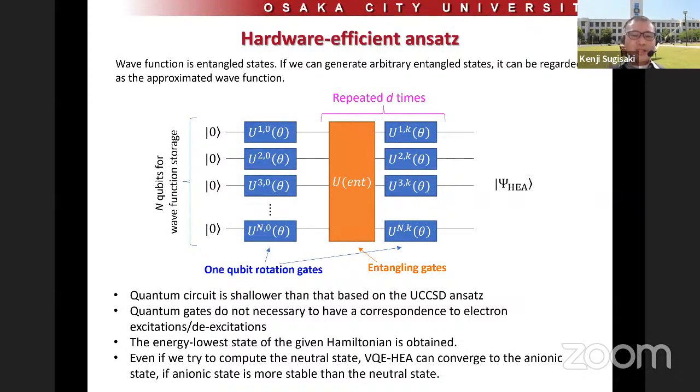So if we want to compute the neutral state, but the anionic state has lower energy than the neutral state, we obtain the anionic state instead of the neutral state by using this VQE with the hardware-efficient ansatz. So basically this is just optimizing the lowest energy state.